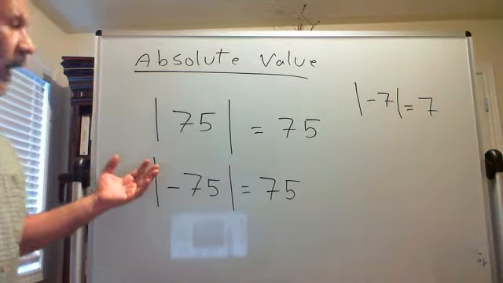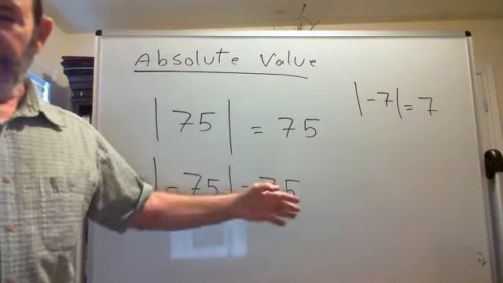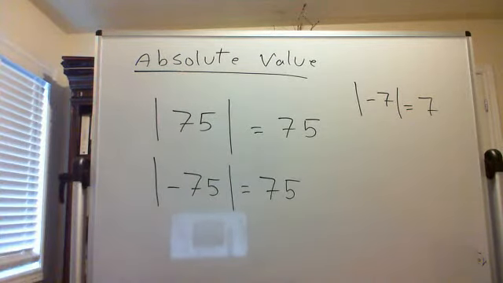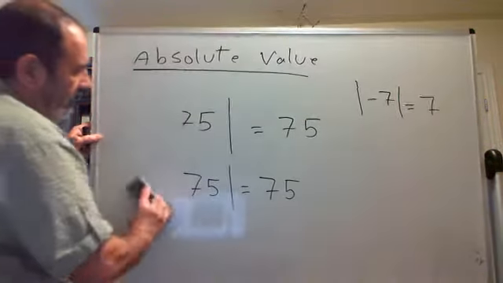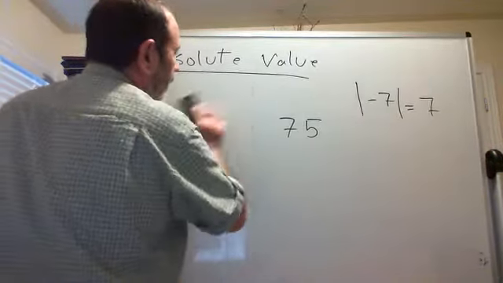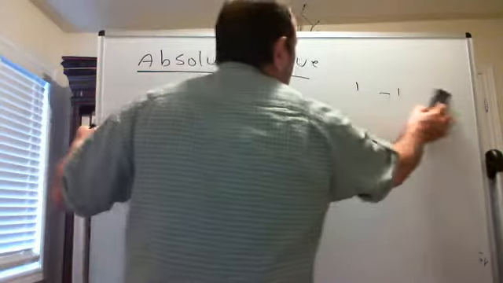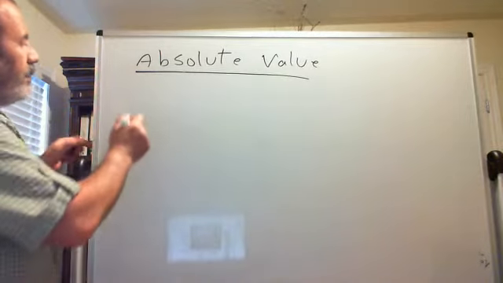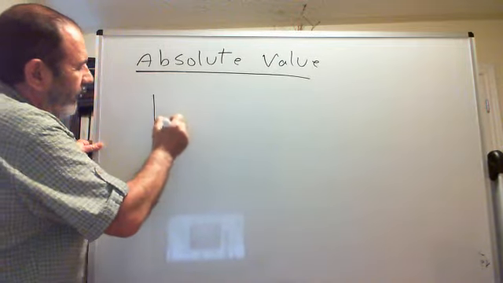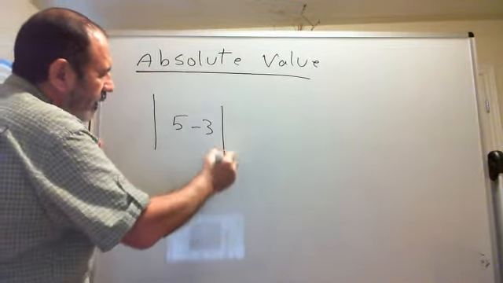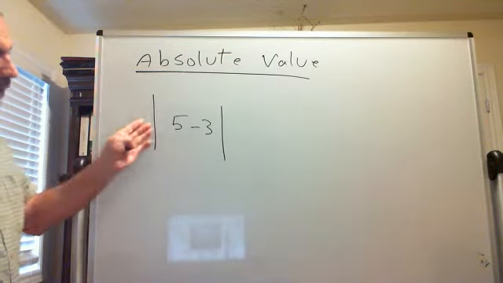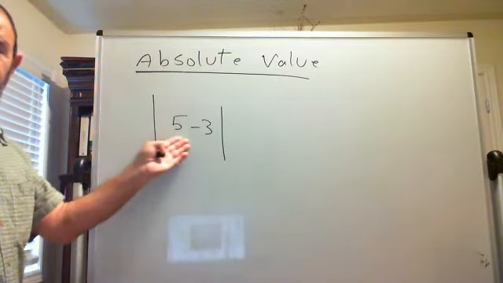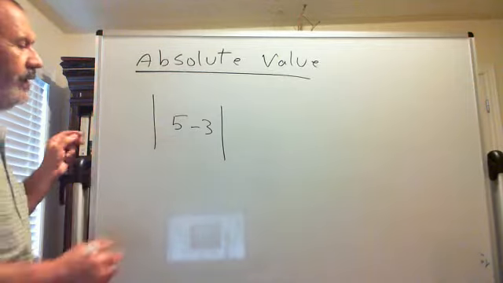Inside the absolute value, we can have a number or we can have an expression. As an example, what is the absolute value of 5 minus 3? As you see, between the absolute value sign, we have an expression, 5 minus 3.